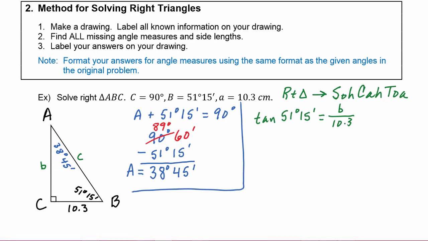Now be very careful in your work to show that you solve for the missing side. So I'm not ready to pick up my calculator yet. I have to do the algebra first. We see that the only thing we need to do is cross multiply the 10.3 up to the left-hand side.